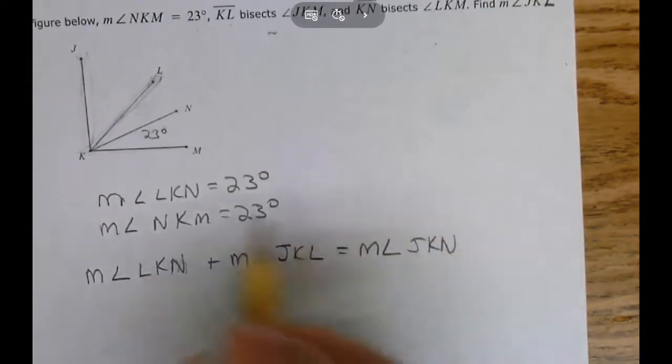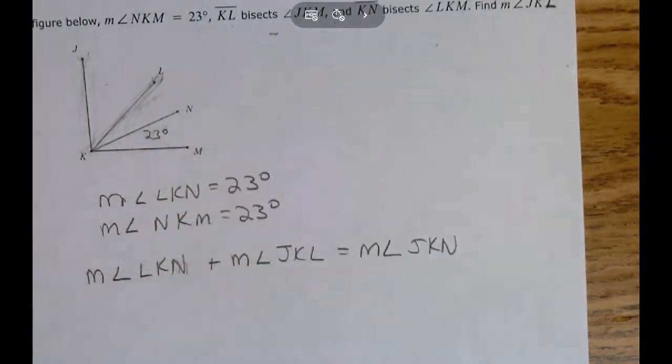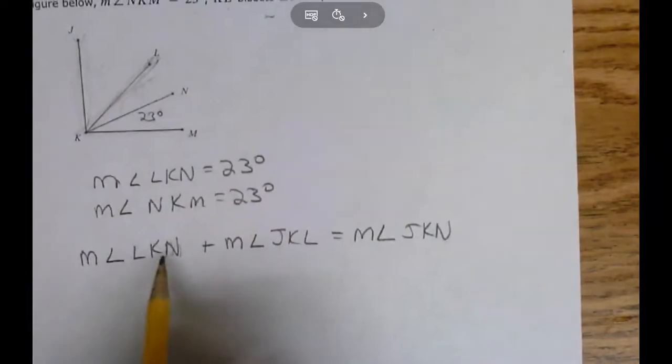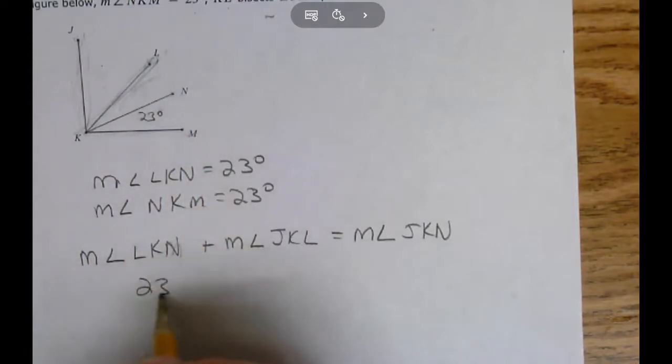Right? So if we take this little angle and we add to this angle, we know that they will be equal to the total angle, right? So we know the measure. Do we know the measure of angle LKN? We do. It's 23. Okay.